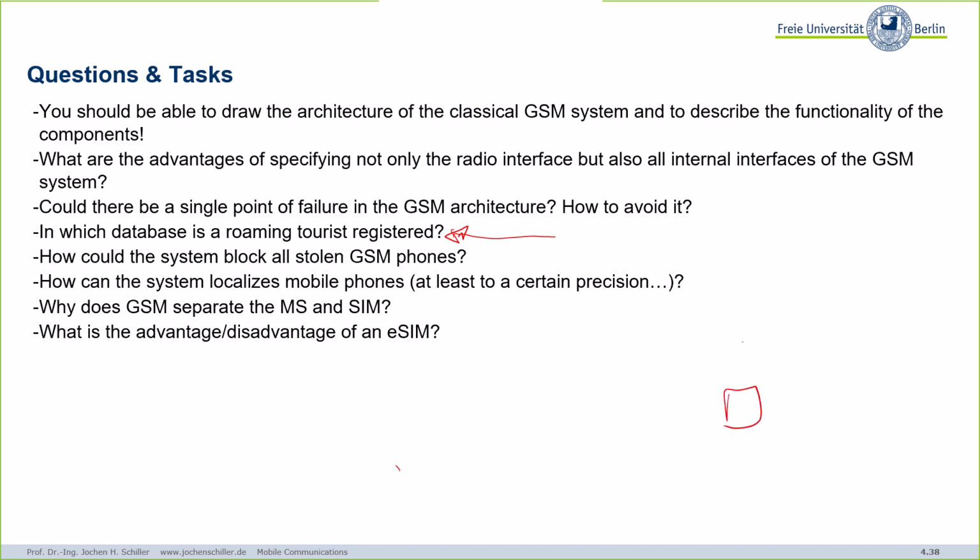Let's say here is our mobile phone. Not the precise distance, but we know the mobile phone, for example, is attached to this antenna. Then at least we know roughly, this is the cell. That's the first thing we know. But that's not very accurate. So what else do we need?